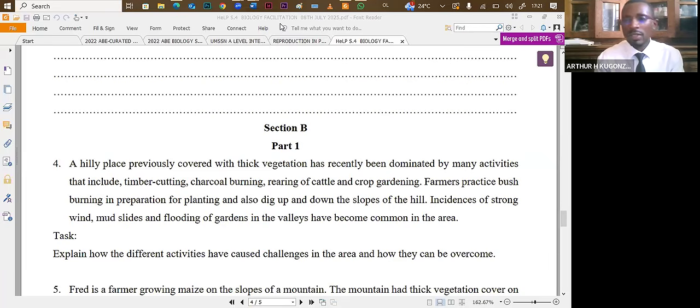Recently, UNEB released the report of how the candidates of last year performed, and in biology there was a problem whereby you confuse some words. Instead of writing the word pollination, you end up writing pollution. Instead of writing the word drooping, you end up writing dropping. So you have to always be very cautious how you write the different biological terms.